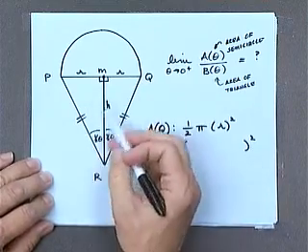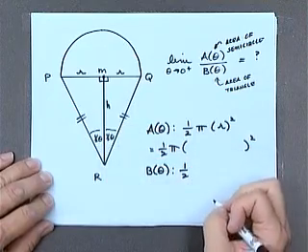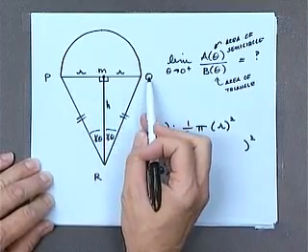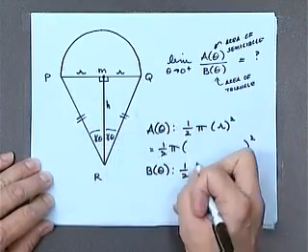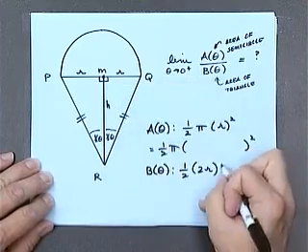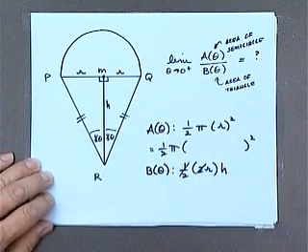For the area of this triangle, that would be 1/2 the base. The base is really what? 2r? Is that correct? Times the height, which I'll just leave as h. So 1/2 of 2 leaves us with r times h.